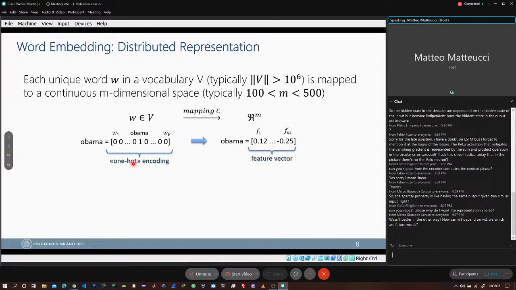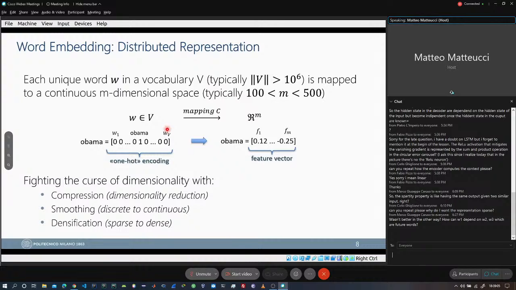Then you have another vector, which is represented as a real valued multi-dimensional vector. So this is the idea. You want to take a one-hot encoding, which has all the problems that we were seeing before, and project it into a continuous space, which has fewer dimensions than the number of words.